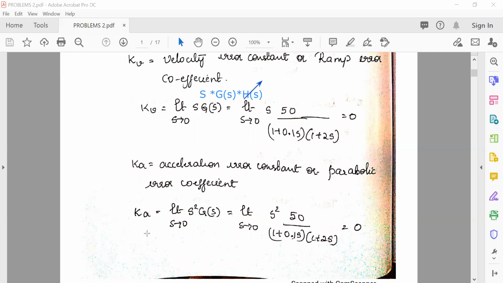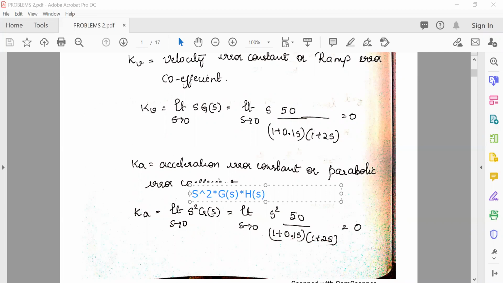Here also it is the same thing. It is going to be s square into g of s into h of s.